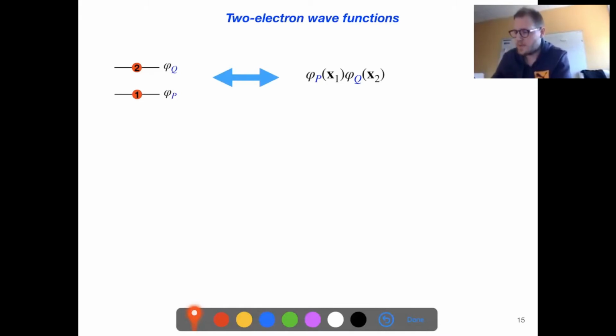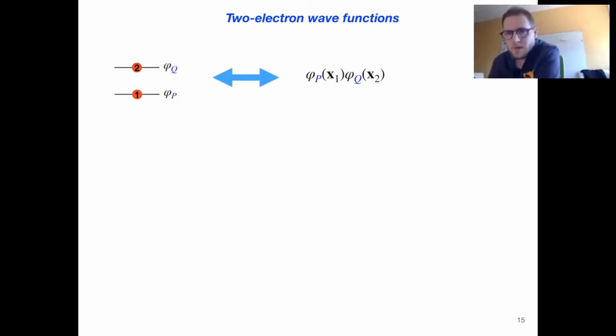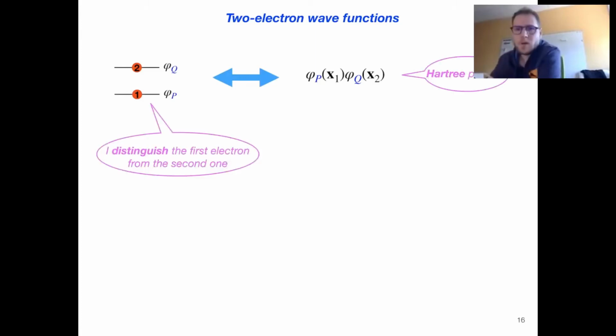This is something that was already mentioned by Vincent last week, and this is what we call the Hartree product, all right? This is really the simplest thing you could do. And you notice that if I do that, I basically distinguish electron 1 from electron 2, okay? And we'll come back to that.